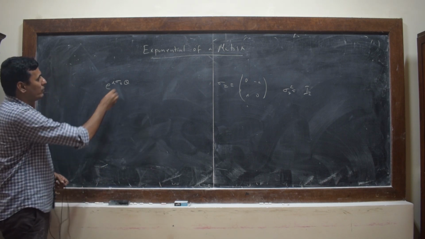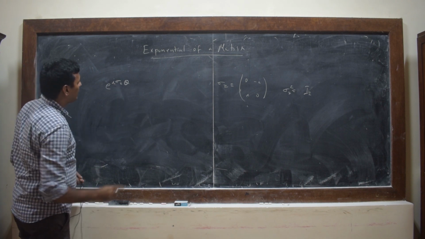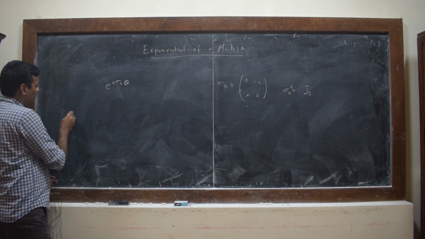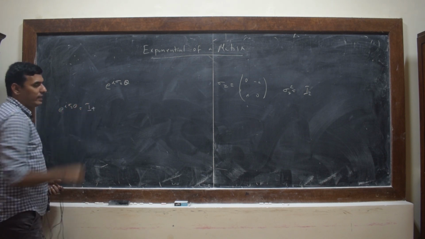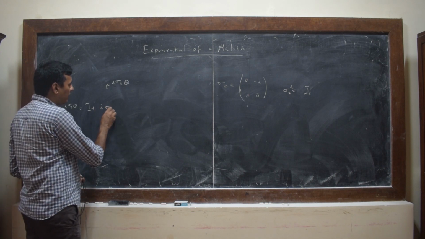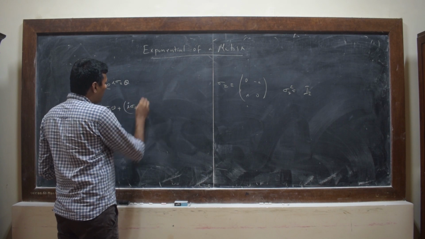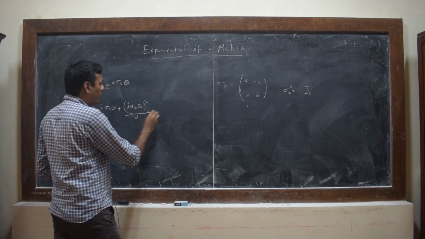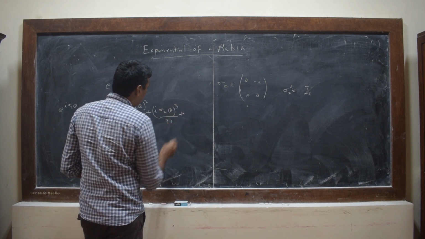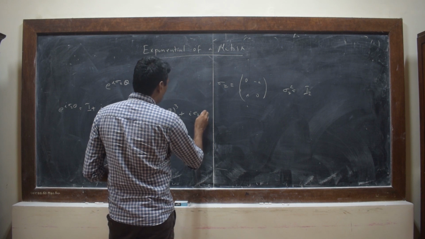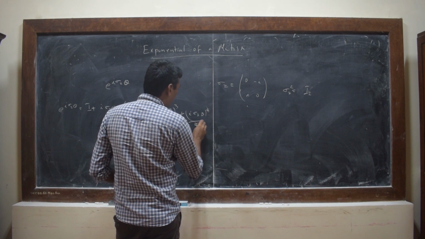So e raised to i sigma 2 theta, where theta is some parameter, by definition is equal to identity plus i sigma 2 theta plus i sigma 2 theta whole square divided by 2 factorial plus i sigma 2 theta whole cube by 3 factorial plus i sigma 2 theta raised to 4 divided by 4 factorial plus etc.